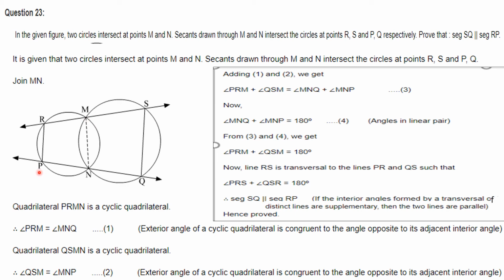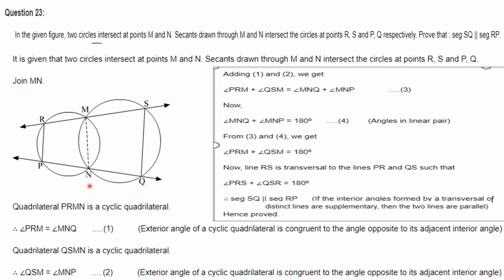Add these two equations, equation 1 and 2. You have angle PRM plus angle QSM is equal to angle MNQ plus angle MNP.